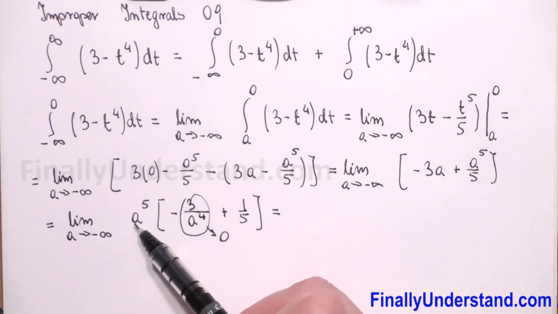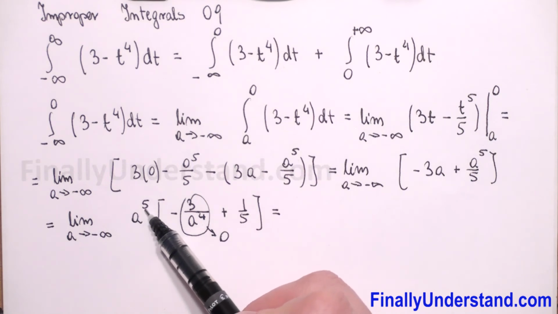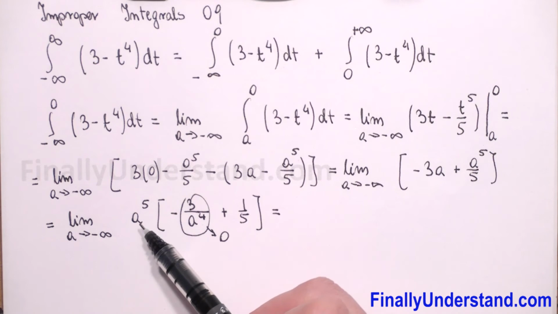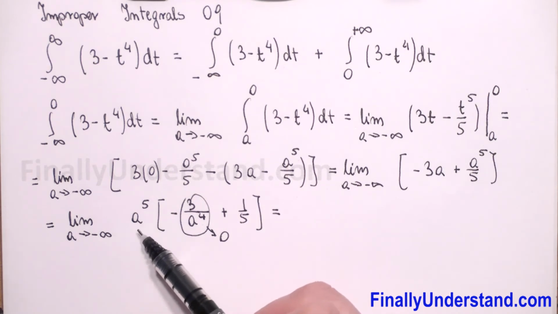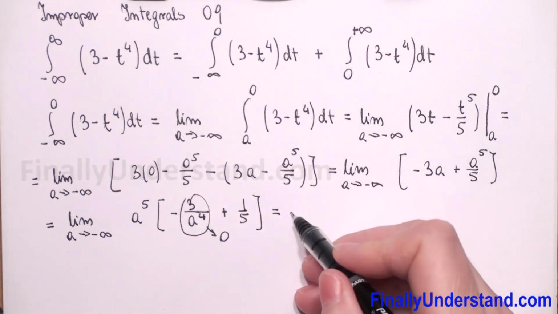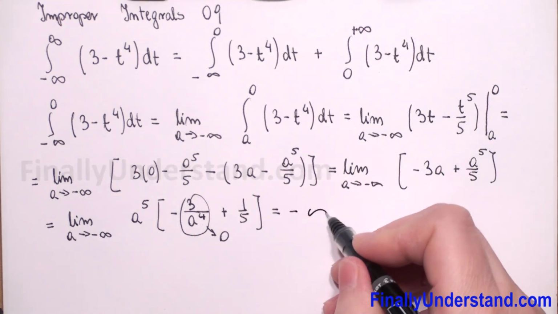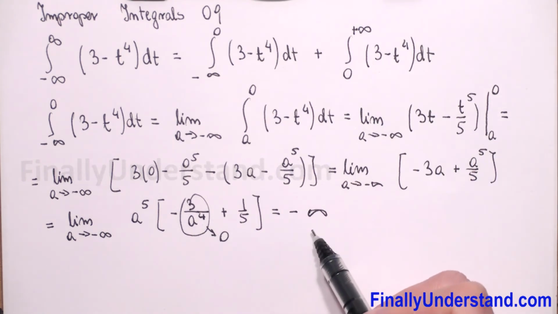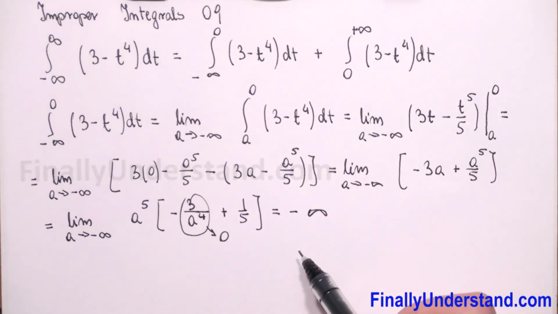And we have at the beginning a to the fifth power, with a going to negative infinity. To the fifth power, it will still be negative infinity. Times 1 over 5, it will still be a very large negative number. So our limit goes to negative infinity. The first integral is divergent.